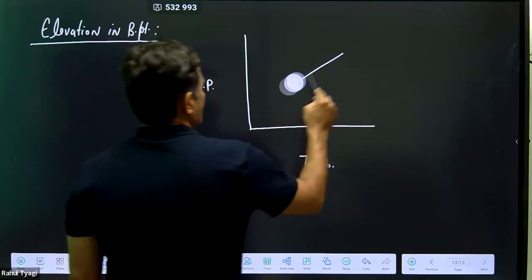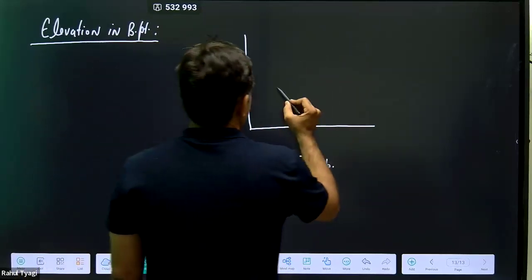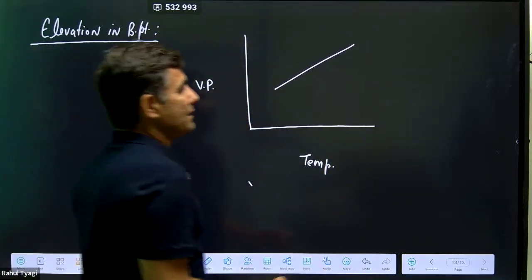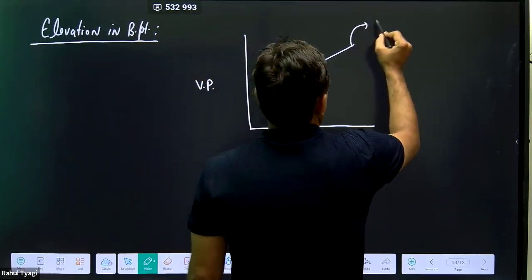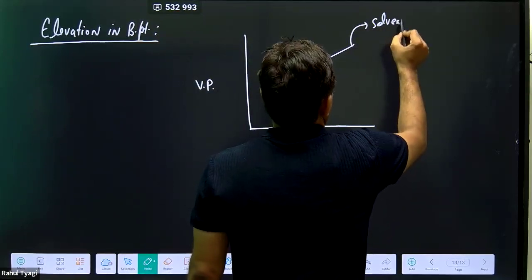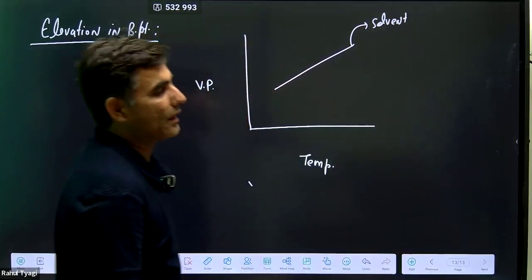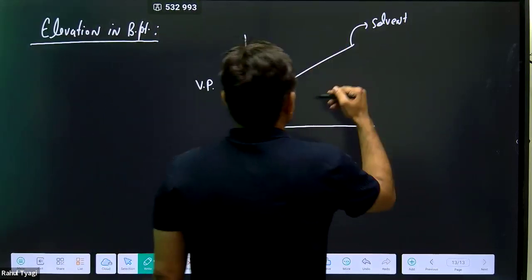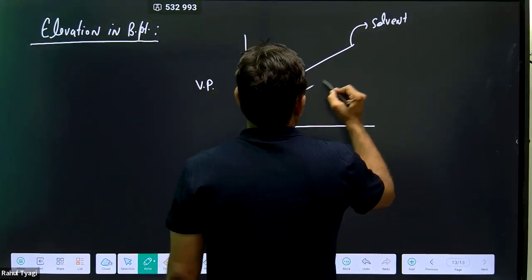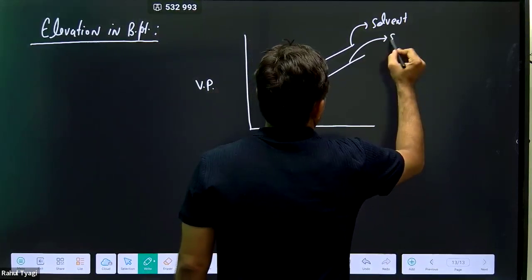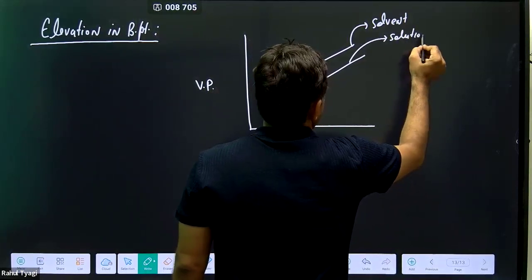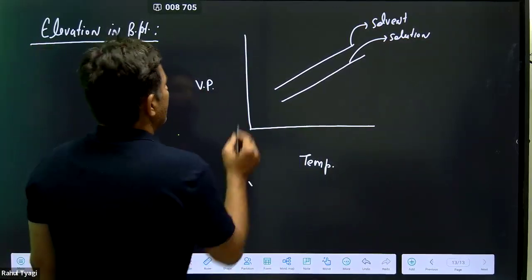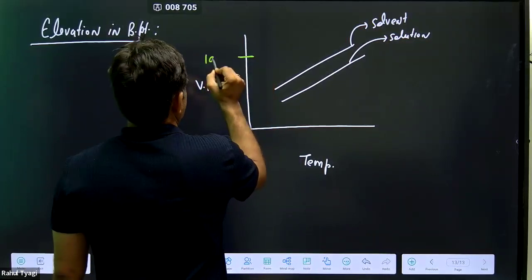Suppose this is a graph of the solvent, and I have to draw the graph of the solution also. So what do I have to do? Above it or below it? Obviously the vapor pressure of the solution is lower, so this is the graph of the solution. Suppose this is 1 atm vapor pressure.